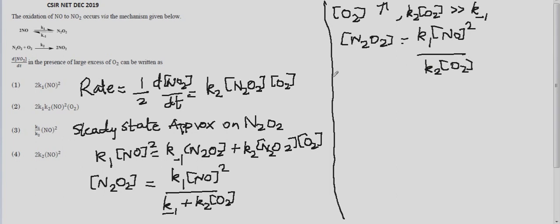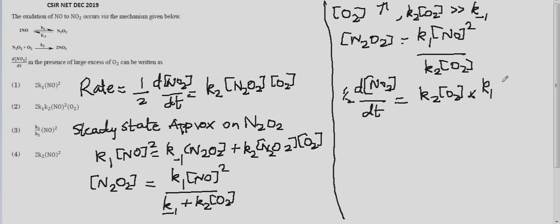Now we are going to substitute this into the rate expression. So half times d[NO2]/dt is equal to k2 [O2] into k1 [NO]squared divided by k2 [O2].